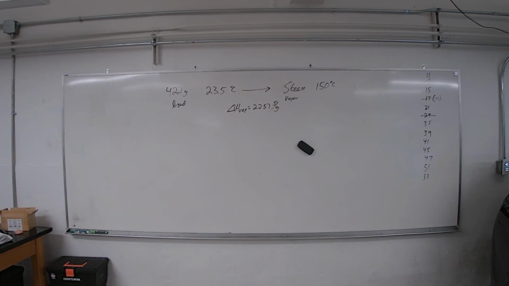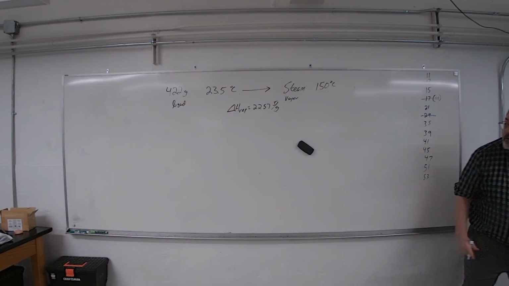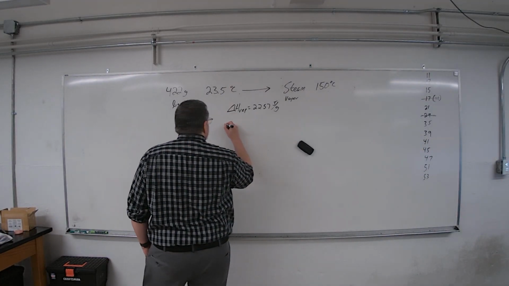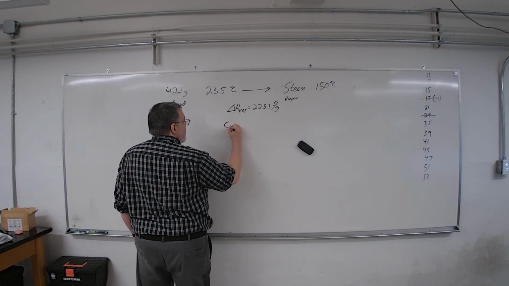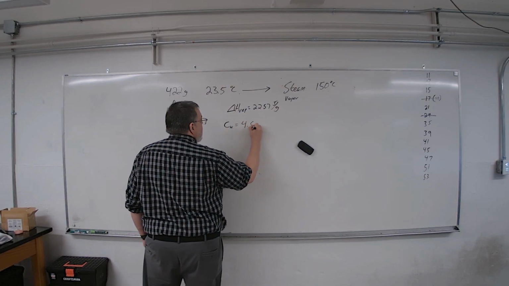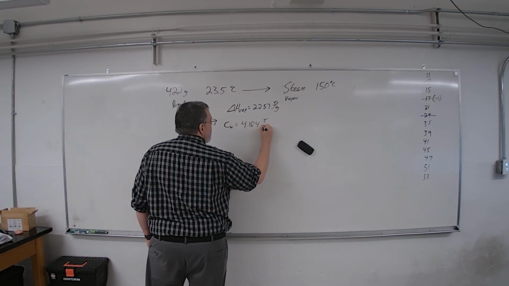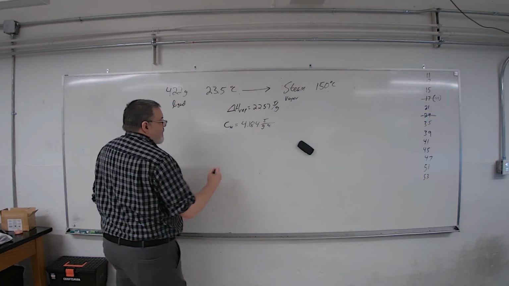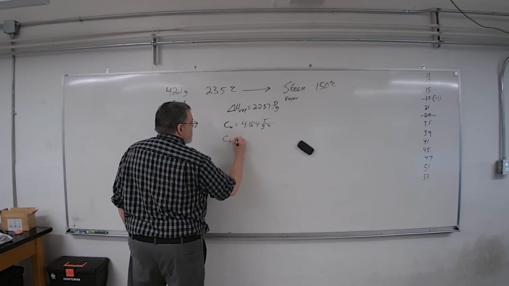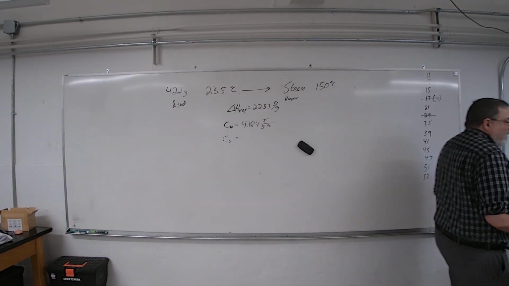I'm going to need vaporization. I'm going to need water, 4.184, the specific heat of water, which I'll write as C. So when you're heating water, and we're also going to need it for steam, I'll say CS, the specific heat for water vapor.